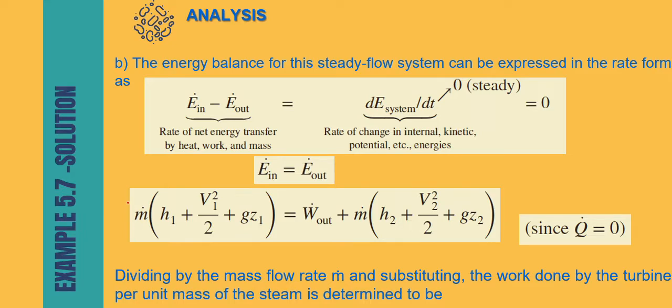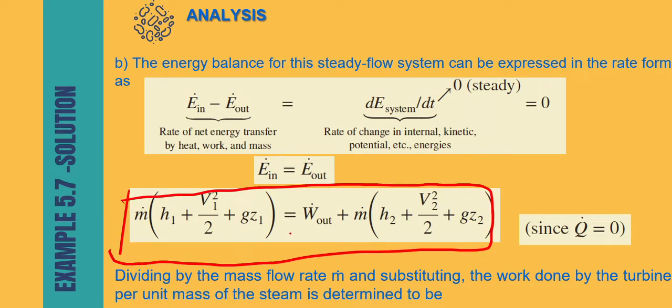Yes, like this. Because just now you have this equation. So to find the work done per unit mass, you just divide the equation by M. So divide everything by M, and you will get your small w out. So this is the value. So far, any question?